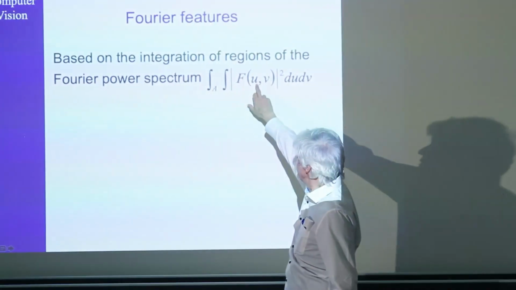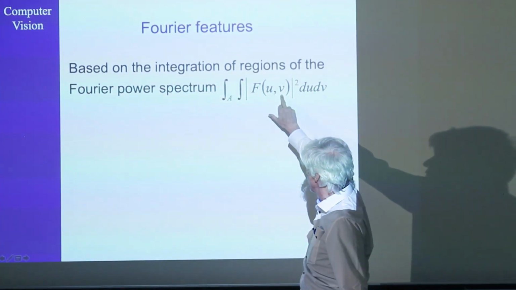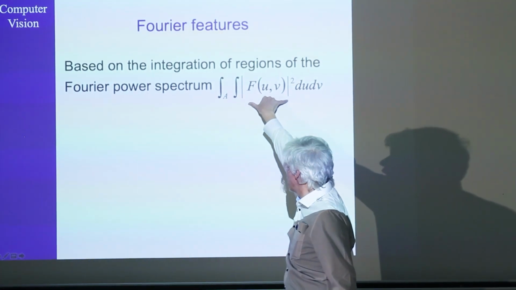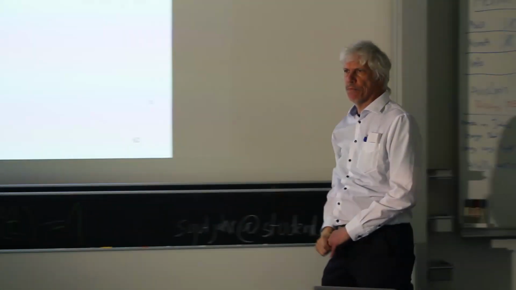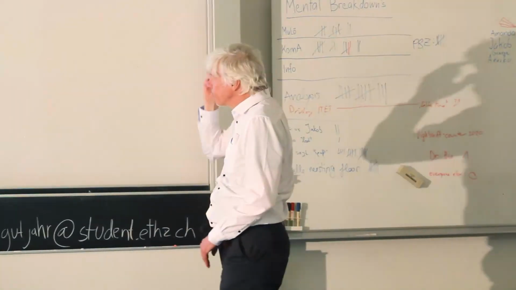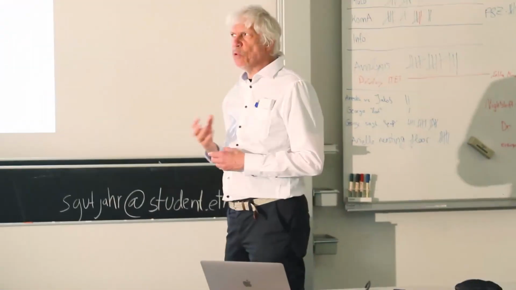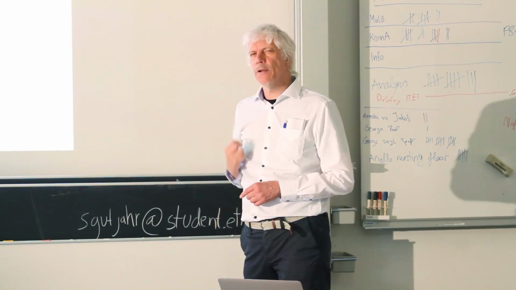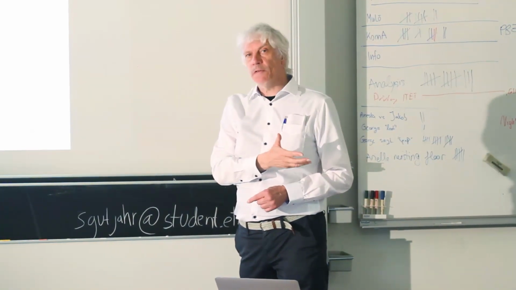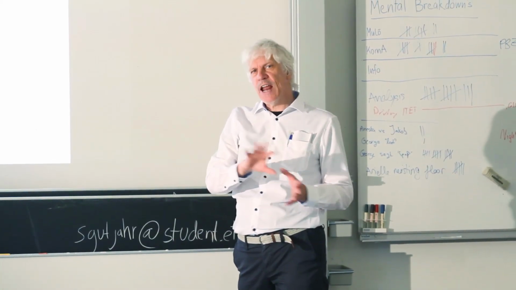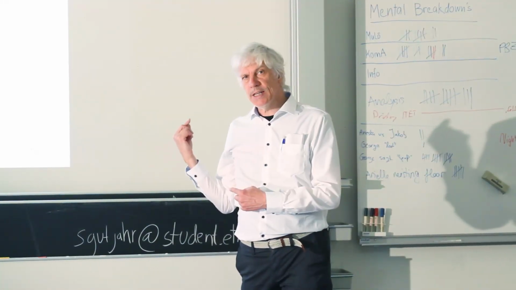So for the different frequencies, horizontal frequency U, vertical frequency V, we can measure how much energy there is in there, and we can average that out in a certain environment. And this would indeed seem to be a good kind of feature, because the previous intuitive properties have very natural counterparts in this power spectrum.